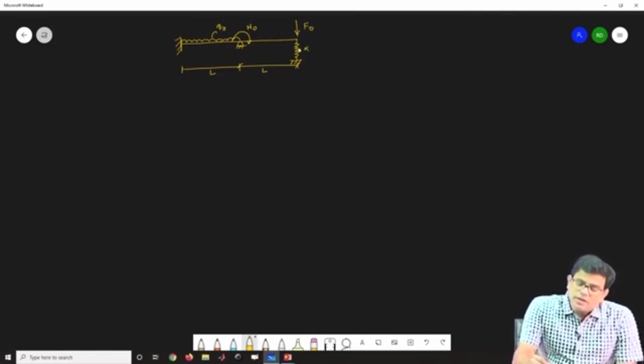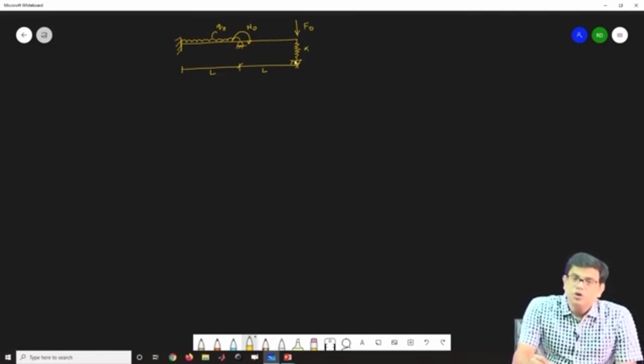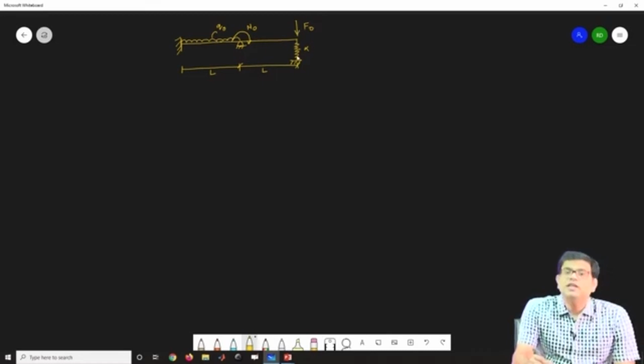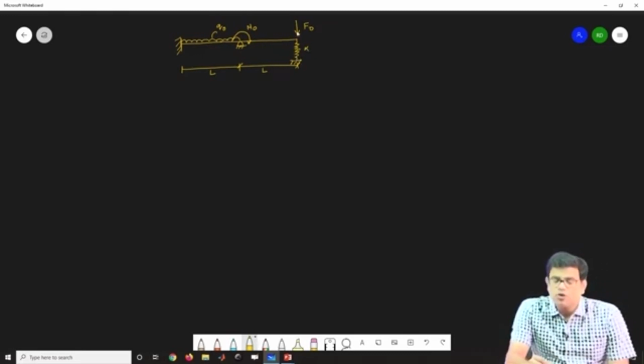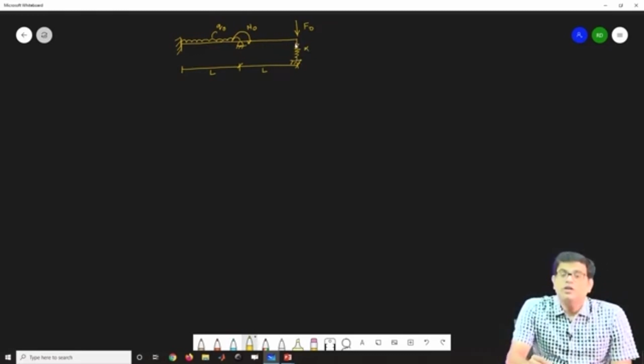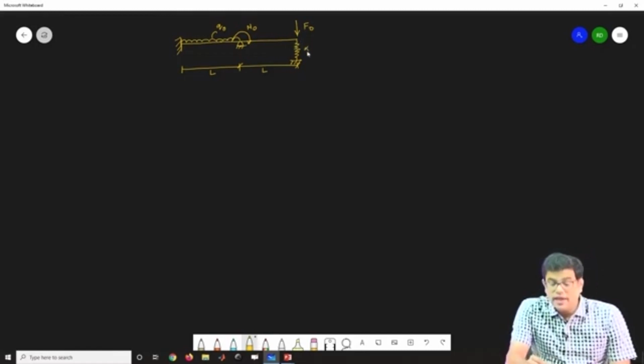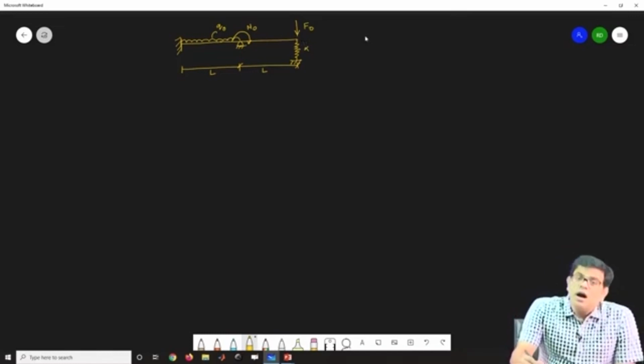If you draw the free body diagram, the linear spring will give a reaction here. The force it will exert, essentially resisting, is K times the displacement at this point. So, that is a boundary condition here.